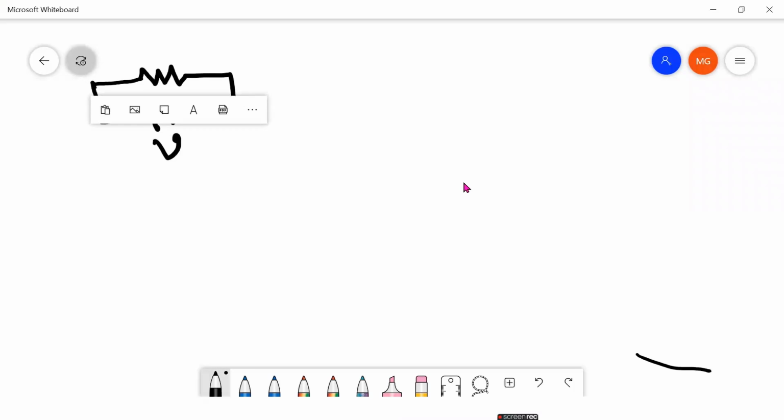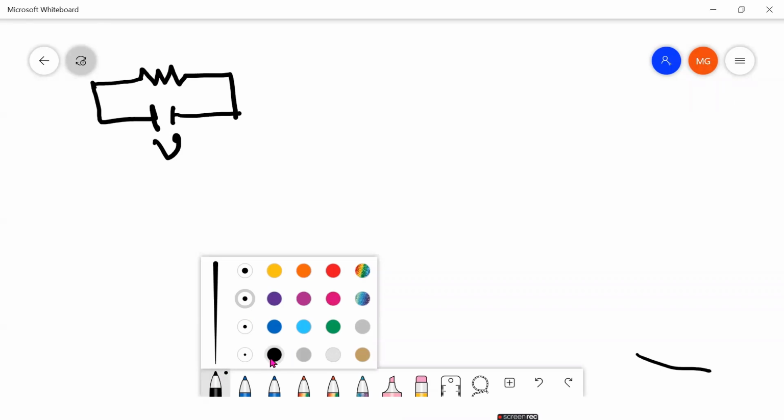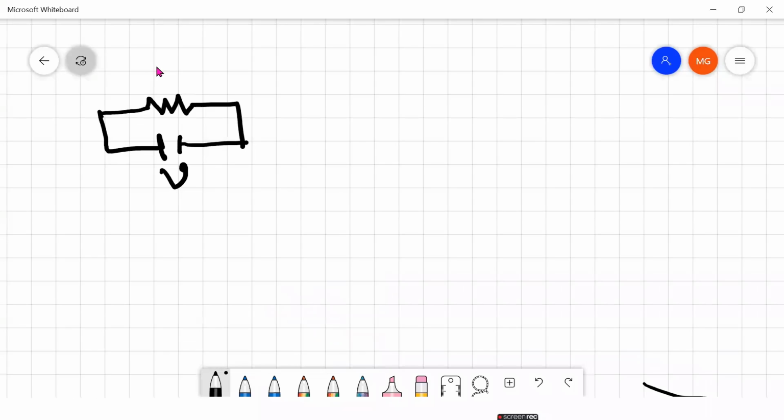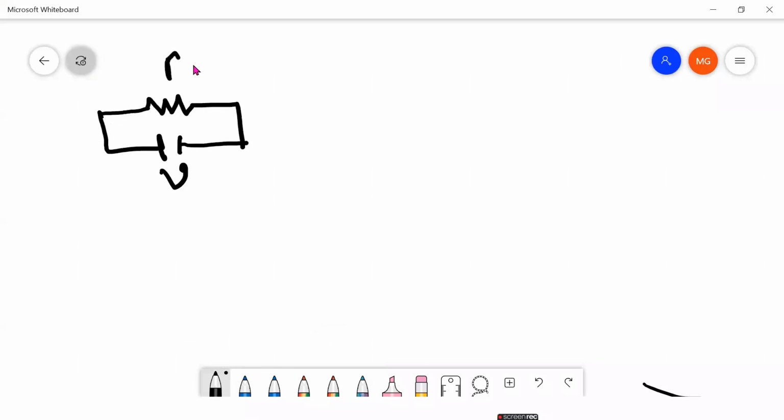A source is written as V, and this is a resistance R. What is a network here? What is a circuit? The circuit is this one where the current I is flowing through a resistor R. This current I is because of the source voltage V. So we can call this a circuit here.